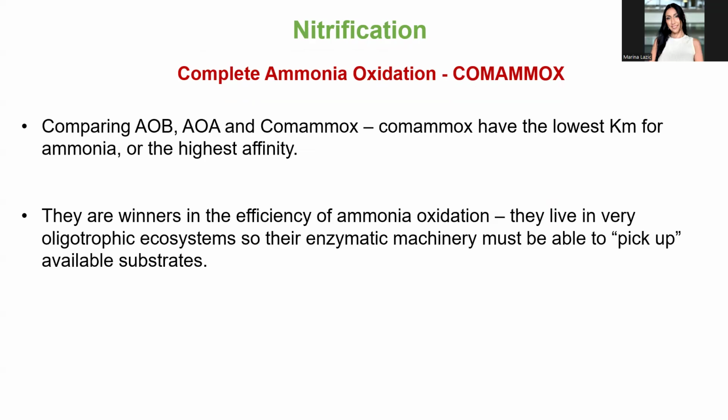AOB are the lowest, they need a lot of ammonia. Then AOA, then comammox. So comammox have even higher affinity for ammonia, which means low Km. So they're better than ammonia oxidizing archaea. They're literally capable of picking up all available ammonia.